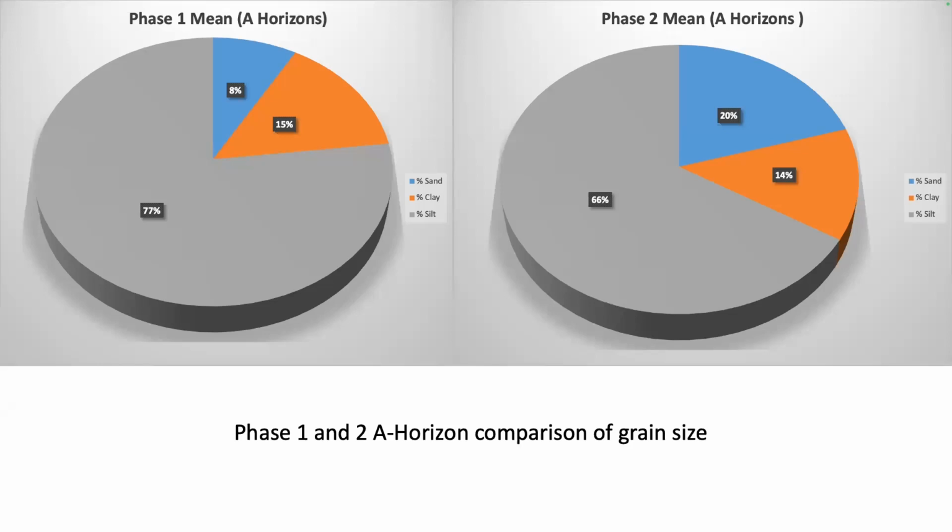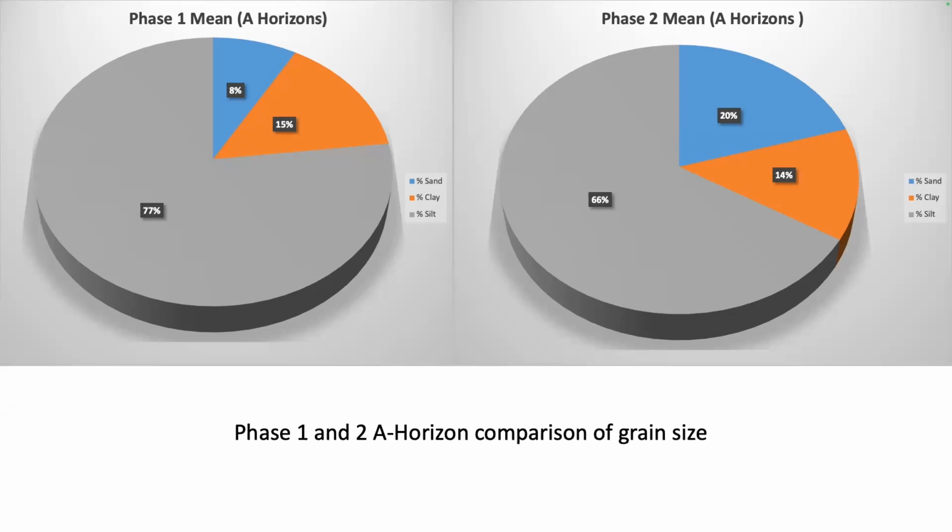One of the first things we did was look at grain size. We collected a lot of data in 2019, then we went out in 2022. 2019 was a much easier year; in 2022, we had a lot of rock and rubble. But you can see the comparison here. I took the A horizons from phase 1 beforehand, and then the A horizons from after.